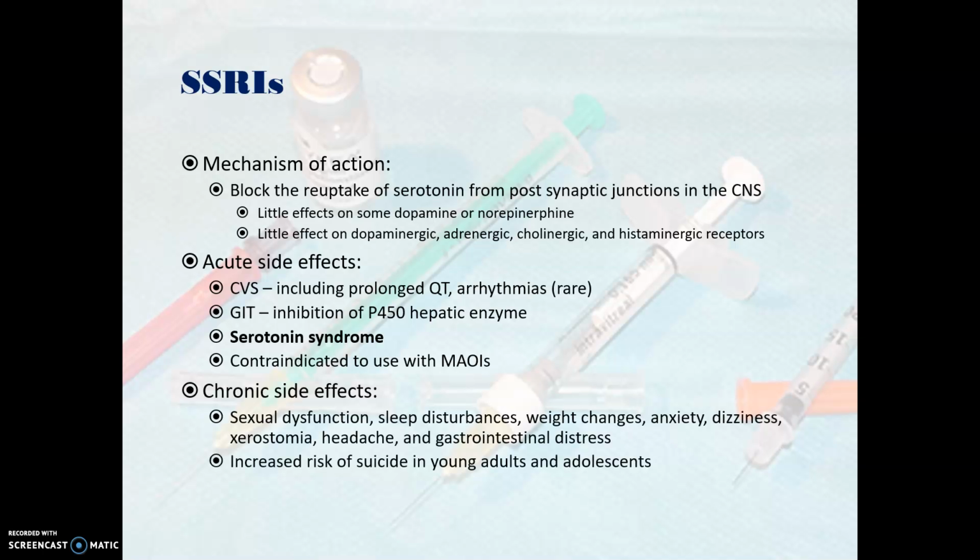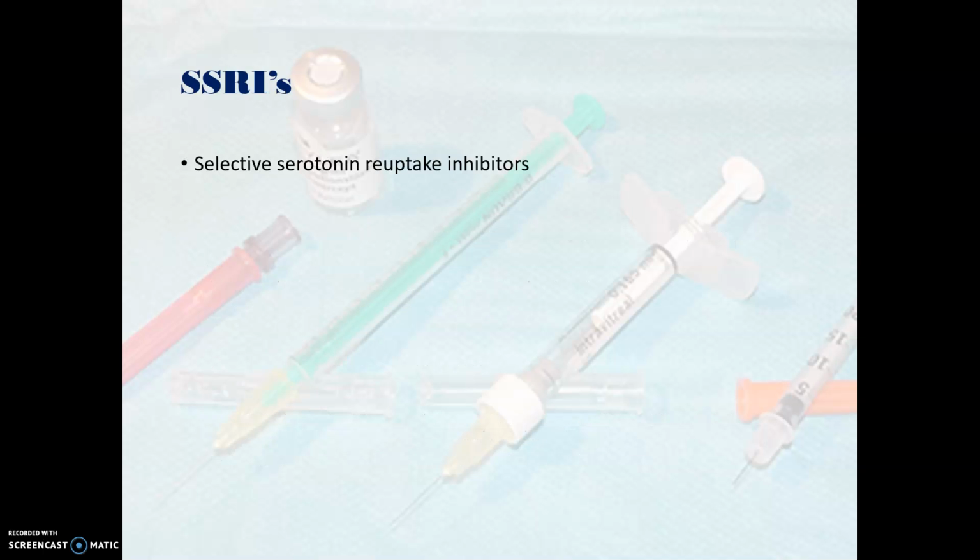Chronically, they can cause sexual dysfunction, sleep disturbances, weight changes, anxiety, dry mouth, headaches, and gastrointestinal distress. Of importance, they can increase the risk of suicide in young adults and adolescents, and this needs to be monitored when this group of patients is put on SSRIs.